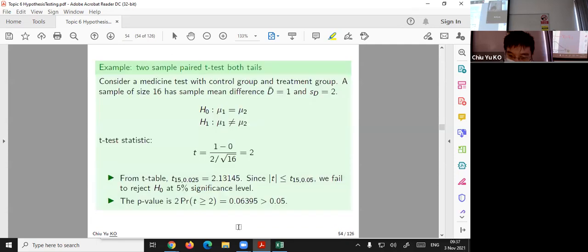Let's go very quickly. I don't want to spend too much time on this because it's exactly the same thing. The mean X bar is 1 and S is 2, so basically just apply the formula, 1 minus 0.